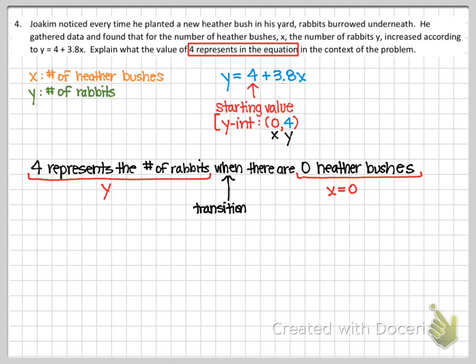Once you have this one, take a look at question number 5. Notice the very strong association between 5 and question number 2, except you're being asked to determine a different number this time. So take a look at this and see if you can answer number 5.